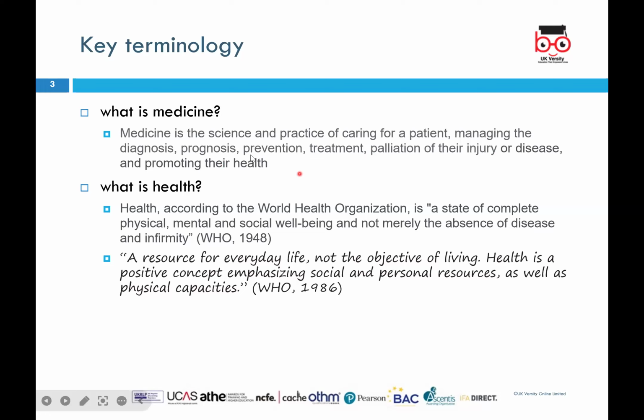So if there's a patient, how do you prevent ill health, or how do you prevent disease in that patient who already is diseased? Any idea? How do you prevent disease in someone who has already got it?